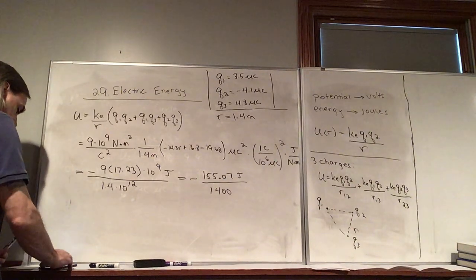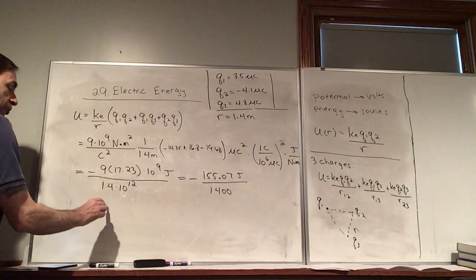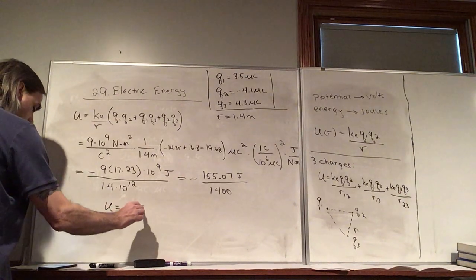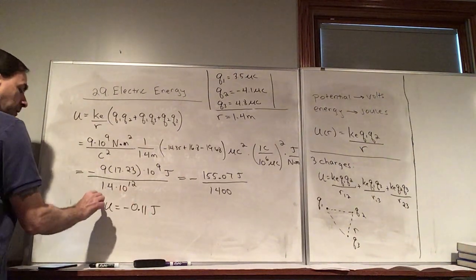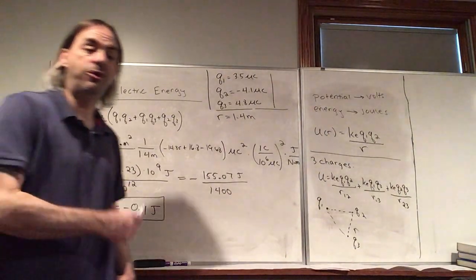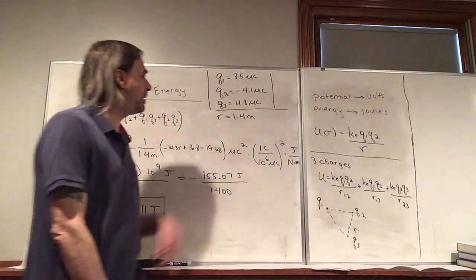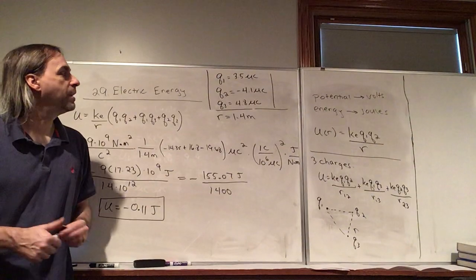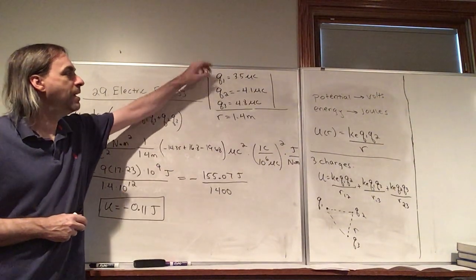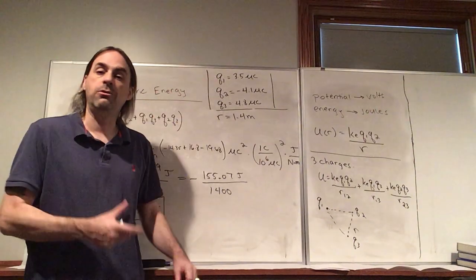And now you can see that the energy in this configuration is minus 0.11 joules. So the energy of the configuration is negative, and that's because there's going to be a repulsion between Q1 and Q3, but an attraction between Q1 and Q2, and an attraction between Q2 and Q3.